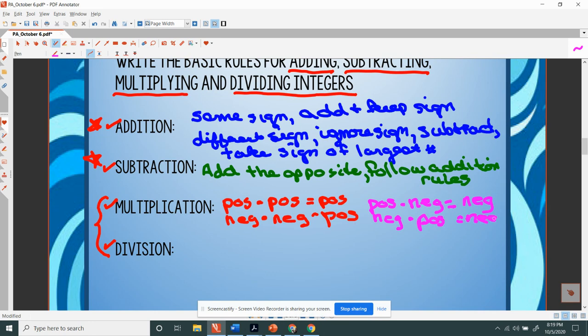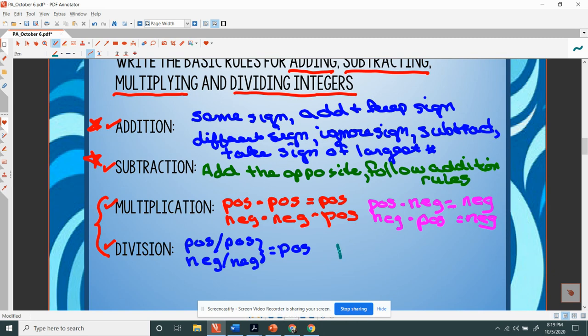Okay, division rules. A positive divided by a positive, or a negative divided by a negative, is always a positive.